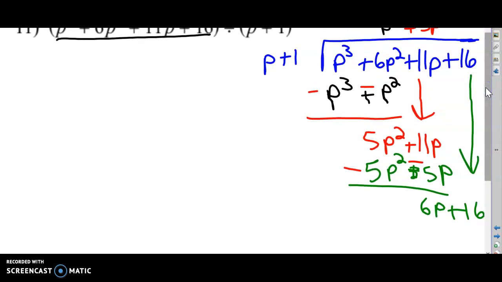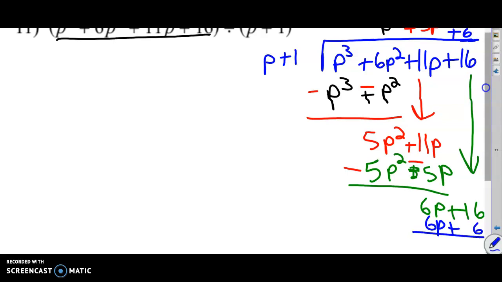Okay. At this point, we are going to see what multiplies by p to give us 6p. Well, that happens to be 6. So we're going to add a 6 up here. We take 6 times p plus 1. We get 6p plus 6.